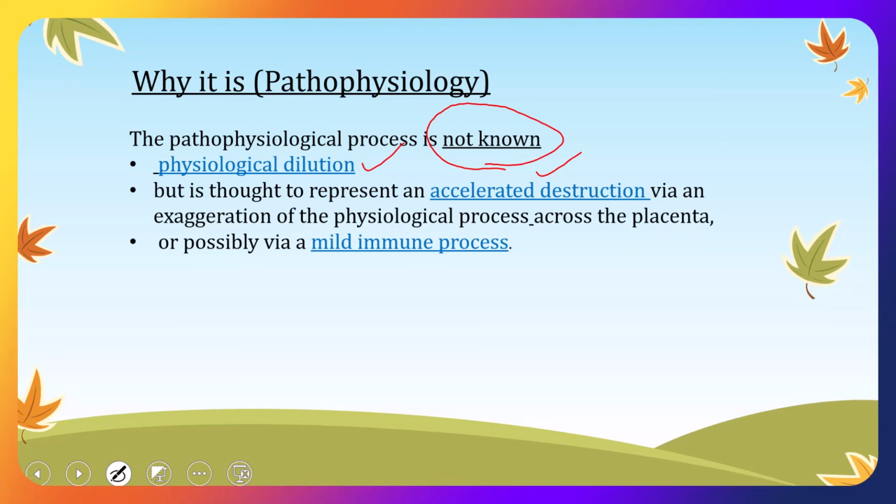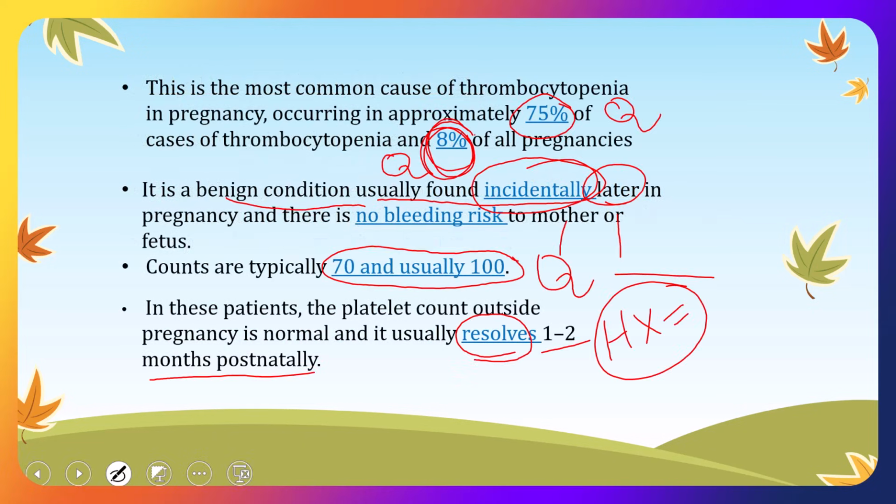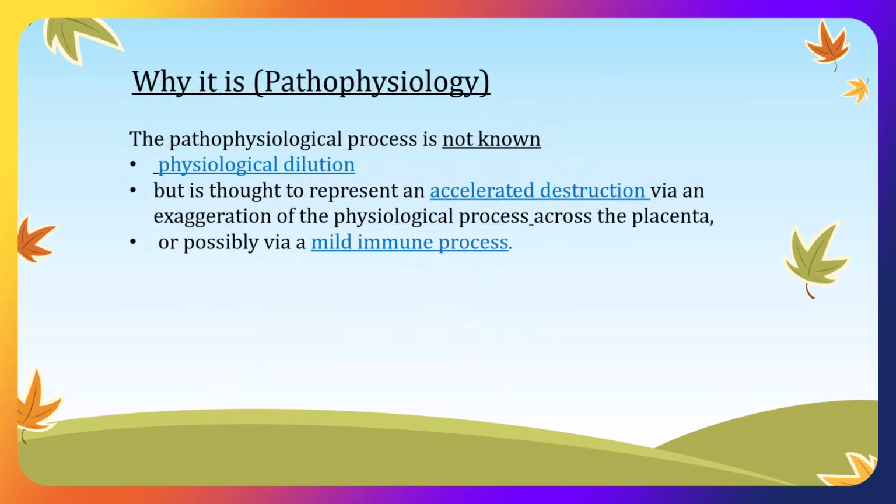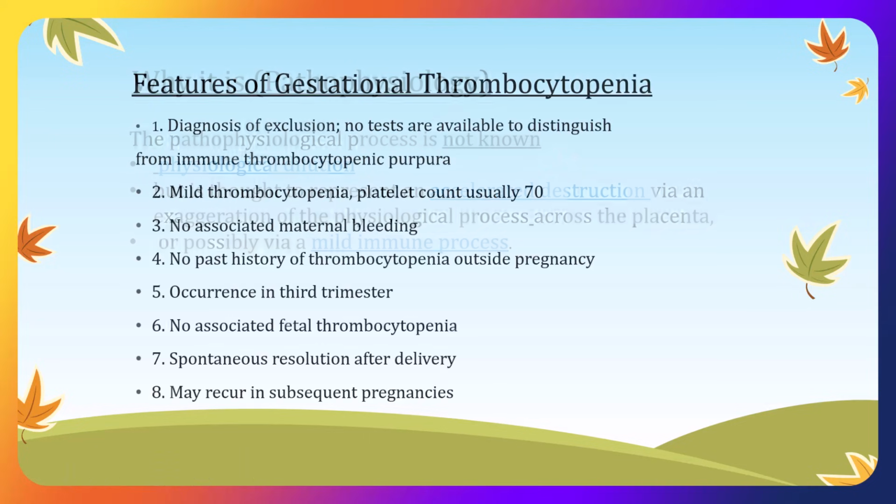And third, it can occur possibly via a mild immune response. So in short, it can be due to physiological dilution, accelerated destruction across the placenta, and some mild immune process occurring in the body of a pregnant patient.